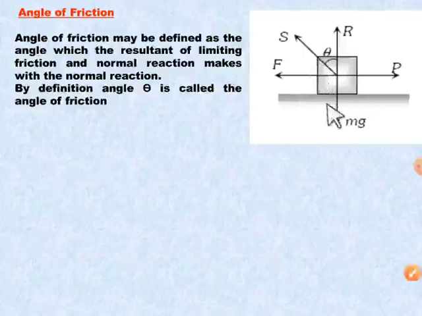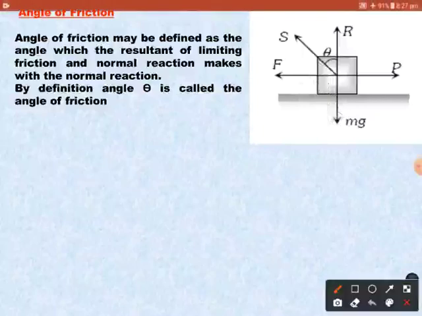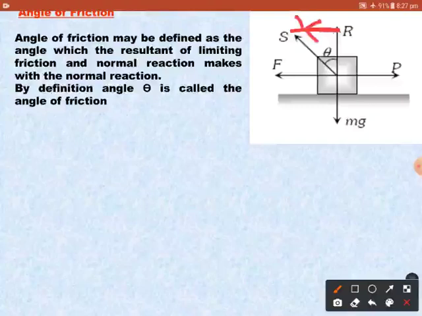And if you complete that rectangle here, you may find that this is equivalent to the limiting friction F, and this is your normal reaction R. So your tangent of theta will be equal to F by R. Got it?